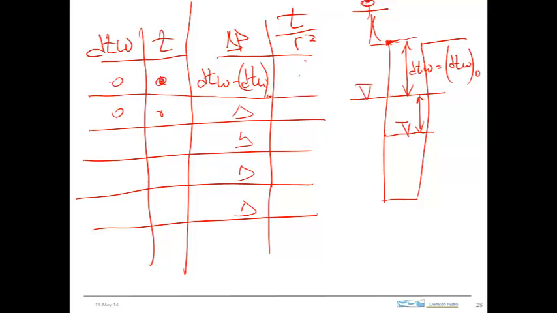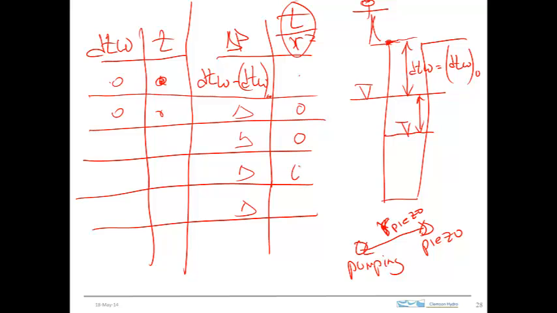And we divide that by the radial distance to the piezometer. So if here's our pumping well, and here's the piezometer, then we have some radial distance there, and we take that radial distance, square it, and divide the time by that, and that's what's in this column. Okay, so that's how we change the data from our field data to what we would plot to generate the plot that we saw on the previous page.